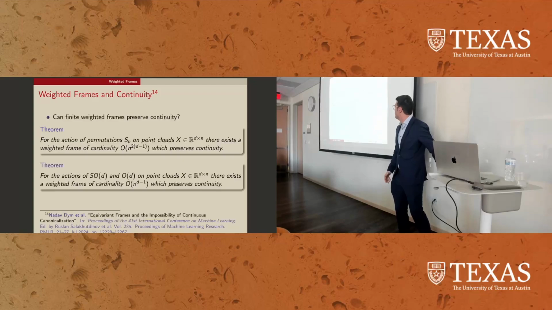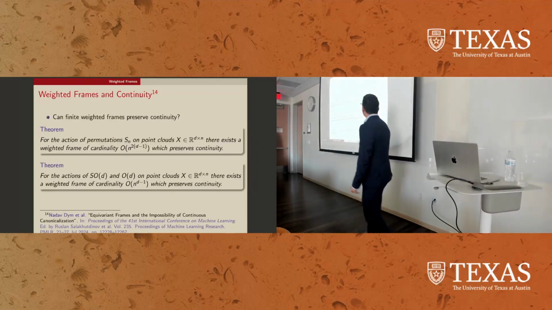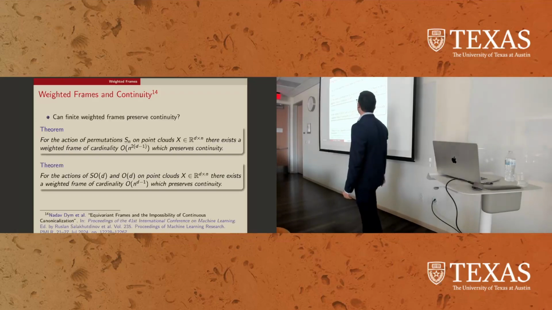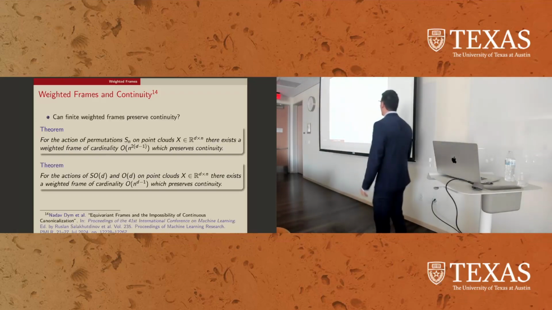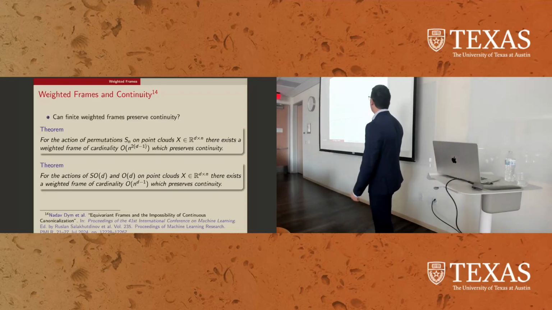Basically, let me just present the results. In the case of the action of permutations on point clouds, we can construct a weighted frame of cardinality growing like n to the 2 times d minus 1, which preserves continuity. And for rotations and orthogonal transformations, we can construct a frame of cardinality n to the d minus 1, which preserves continuity.